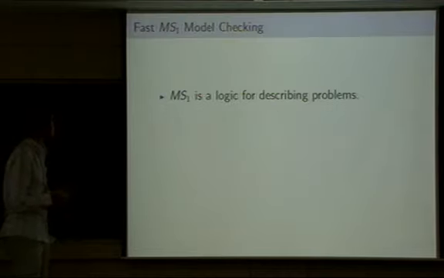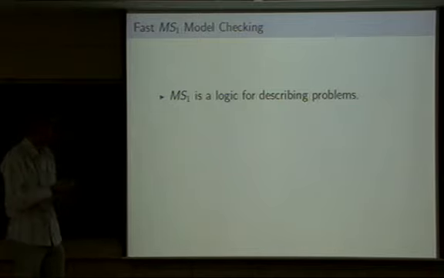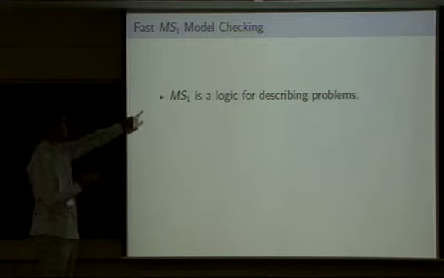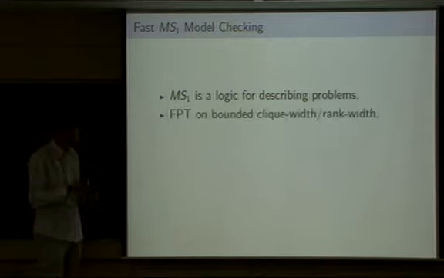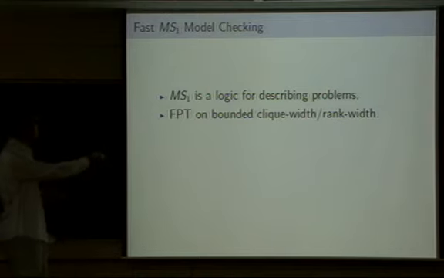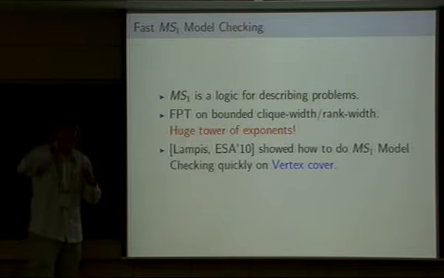And now just one final result for twin cover. There was this result again by Lampis. First, MS1, monadic second-order logic, is a logic which is used to describe problems. There's a well-known result that it's FPT on bounded clique-width and rank-width. Unfortunately, the tower of exponents is really large.